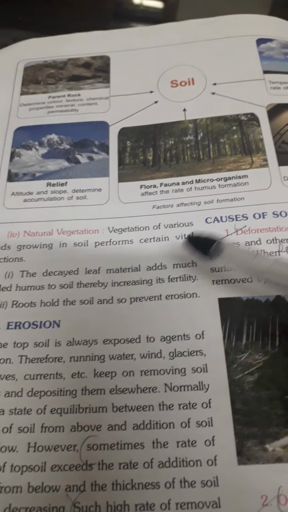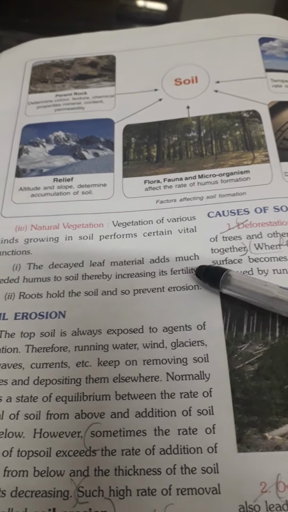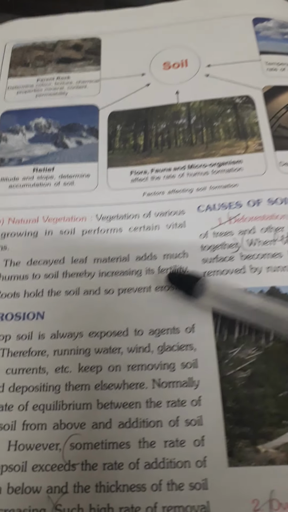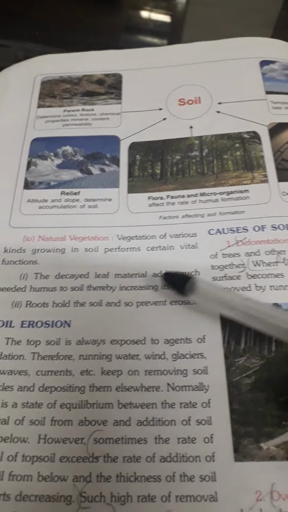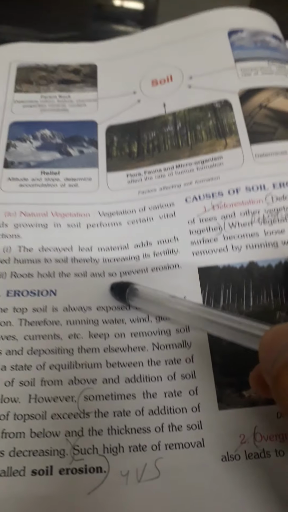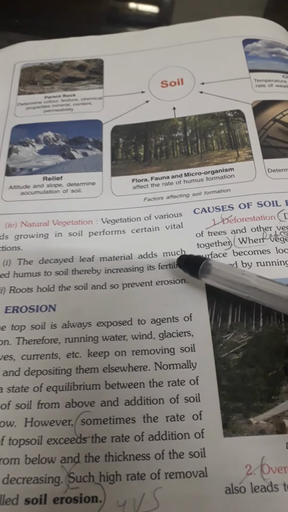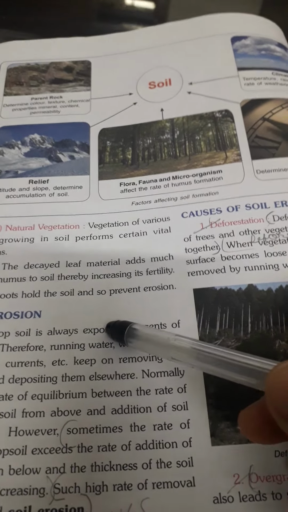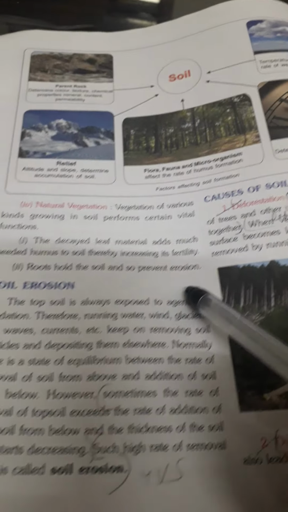Soil to which humus is added is the most fertile soil. The second benefit of vegetation is that it holds the soil. The roots provide the base to hold the soil, and this helps to prevent soil erosion.